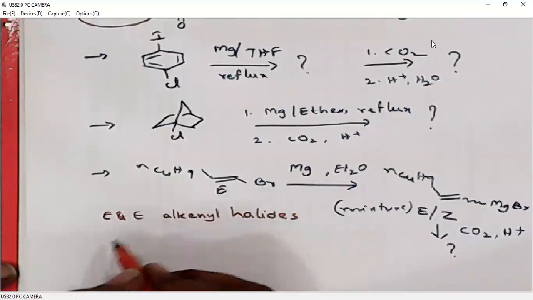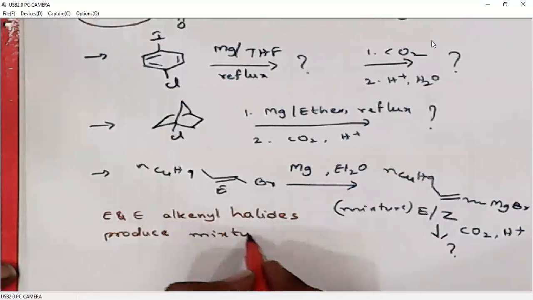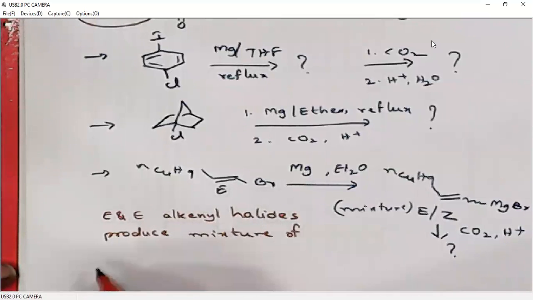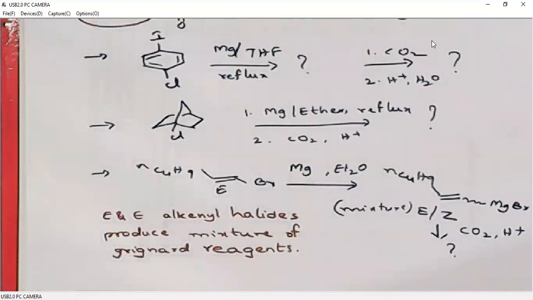Please take the notes. So Grignard generation is not a stereoselective reaction.